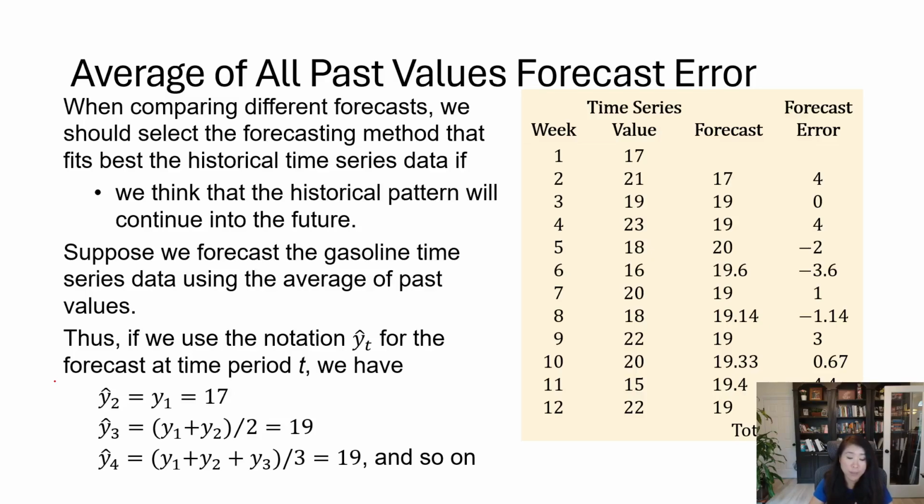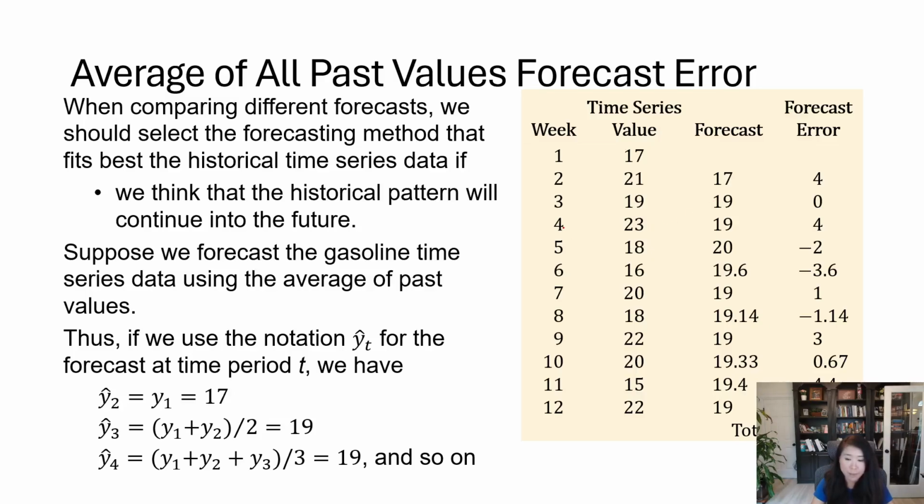If we use the notation y hat for the forecast at time period t, instead of just using one period, we use all the historical periods. In week 2, we only have one period before it, so we write down 17. In week 3, we have 2 past periods, 17 and 21. So our forecast will be 17 plus 21, averaged, and we get 19.